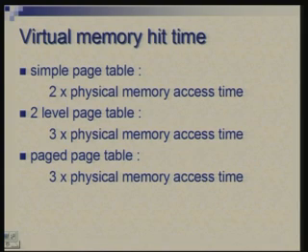But what do we do about the hit time, which as you will notice here is something which is not very acceptable. In a simple page table structure, suppose the page table was in physical memory, still we will require two accesses to physical memory to read a word or to get an instruction, right.